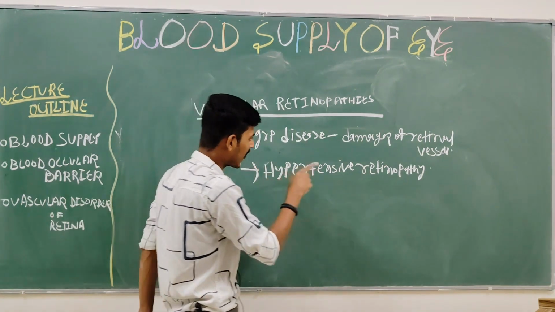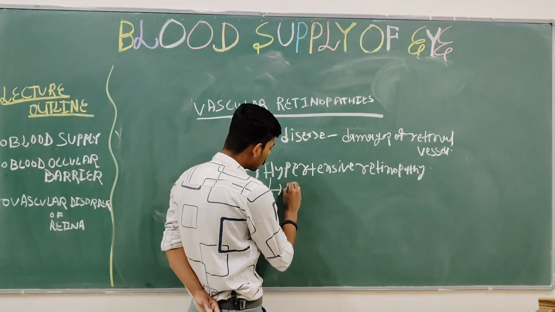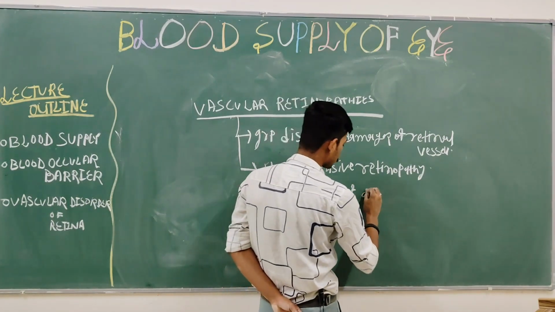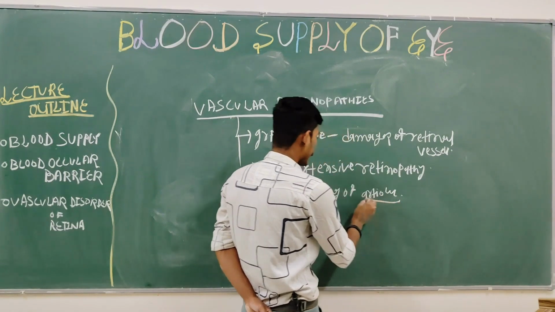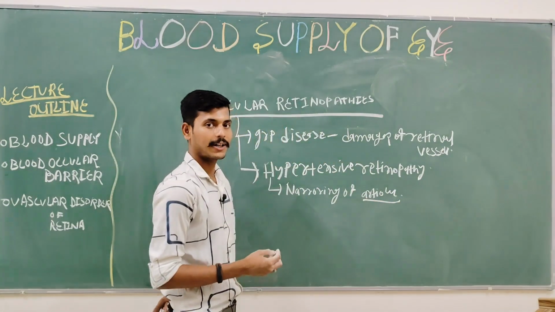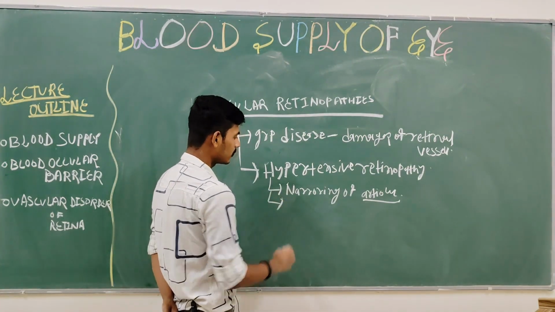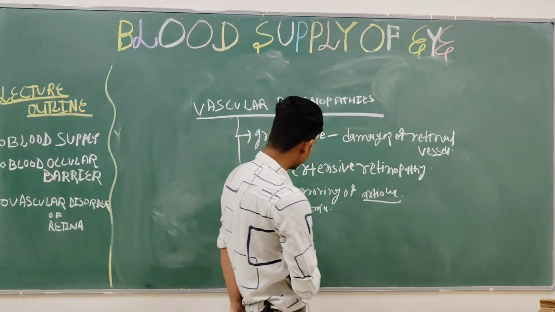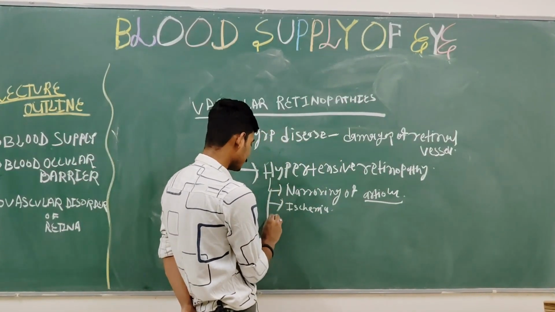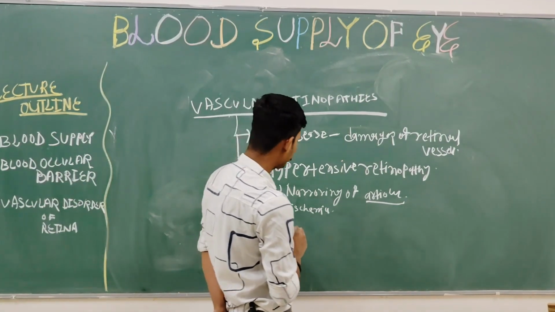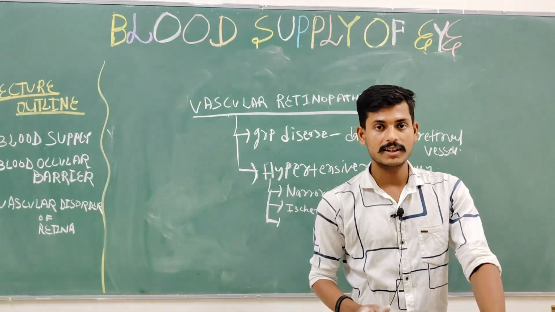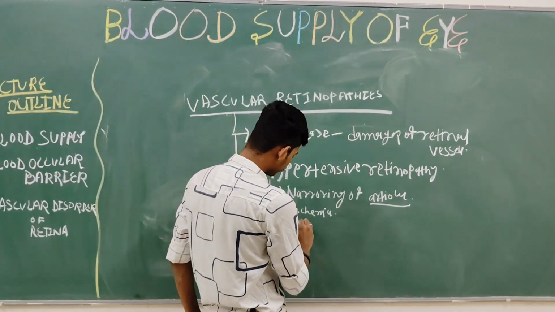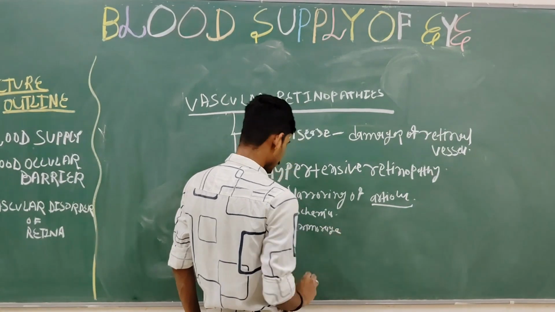So the first thing happening in hypertensive retinopathy is the narrowing of the arterioles, and due to it there will be less oxygen supply, which is called ischemia. Sometimes, due to high pressure, these vessels rupture, and that is called hemorrhage.